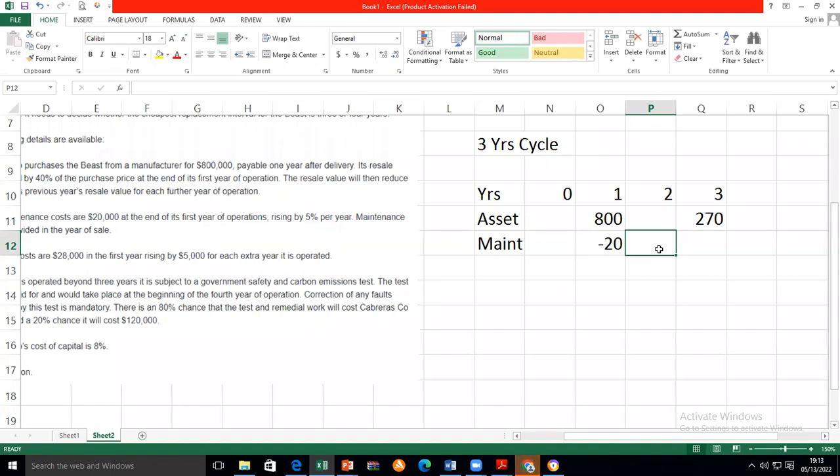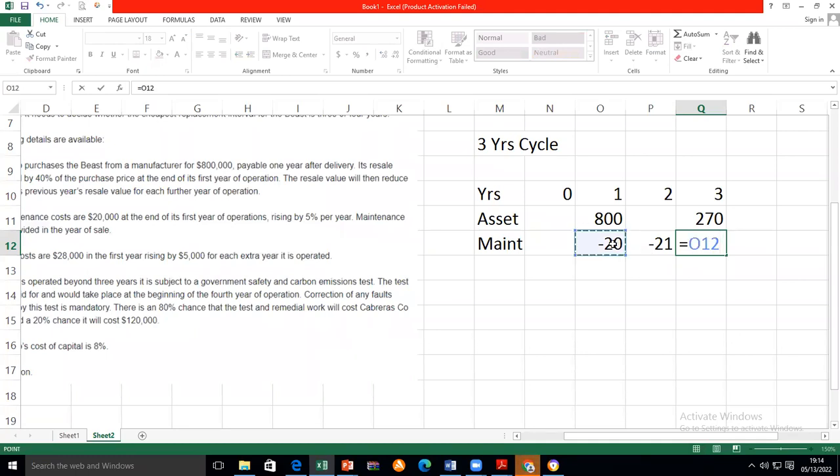It will be 21. It should increase by what percentage? By 5%, if I'm not mistaken. How do I increase the figure by 5%? I multiply by 1.05, isn't it? Yes, good, giving us 21.